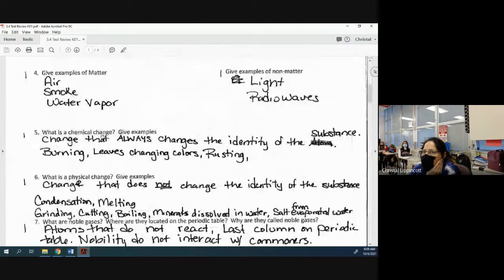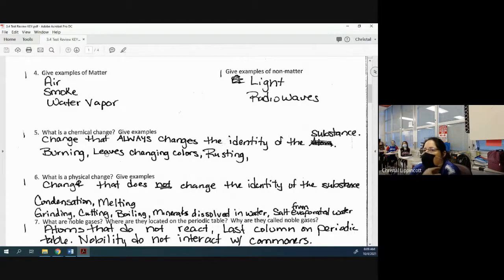So examples of matter would be like air, smoke, water vapor. Examples of non-matter would be like light or radio waves, any forms of energy like that. Chemical change then, change that always changes the identity of a substance.